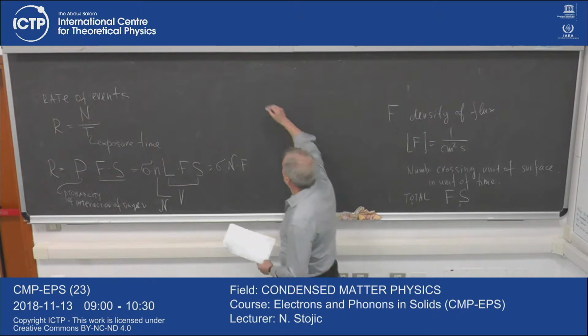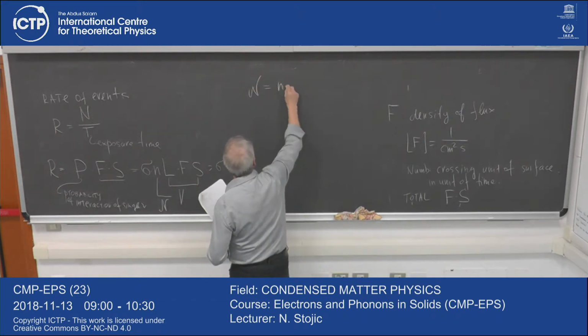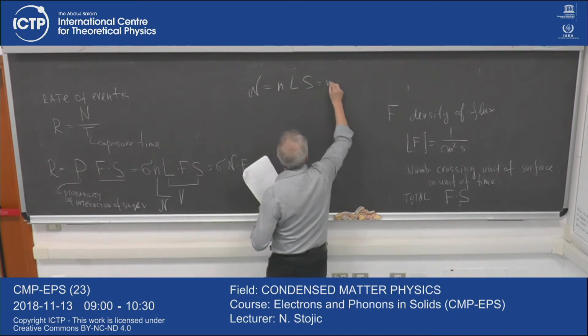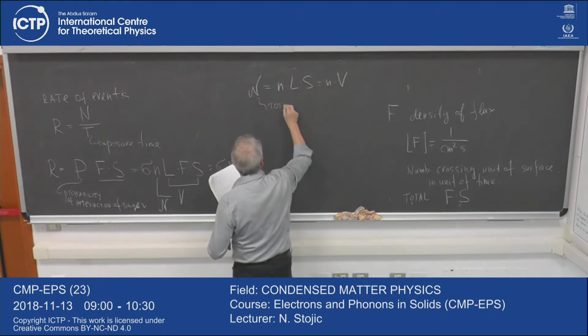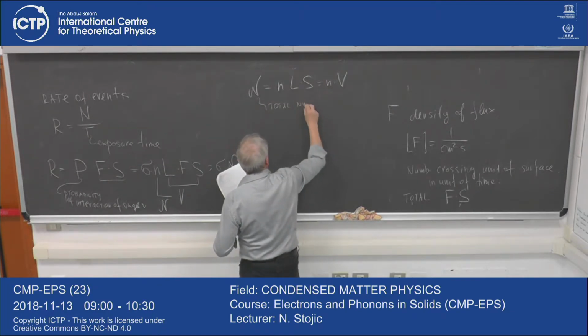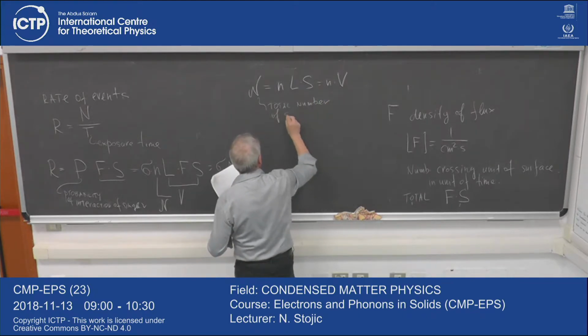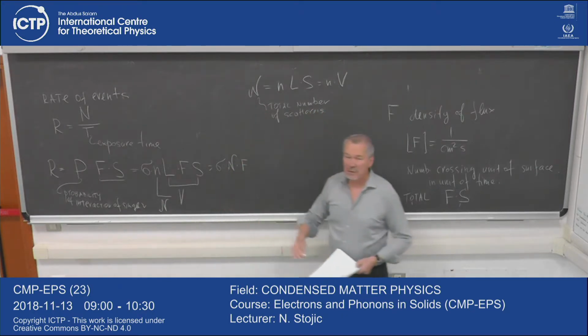Okay, so n, which is the density, times L times S, or n multiplied by volume, is the total number of scatterers, or particles with which neutrinos are interacting.